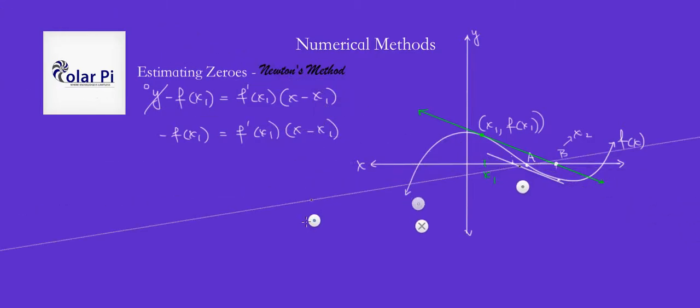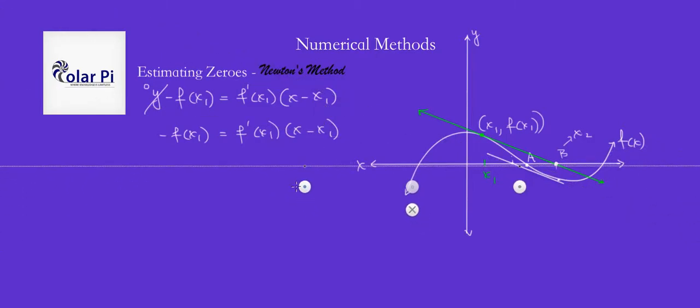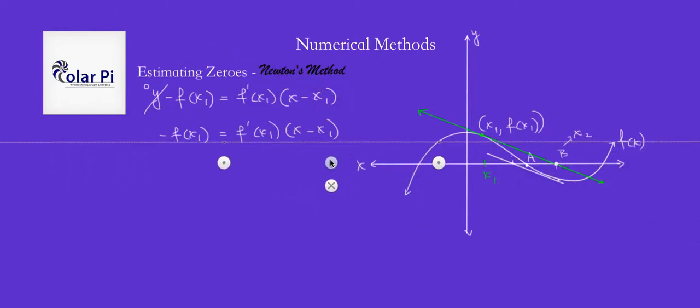Well, it's clear that our first move should be dividing by f prime of x1 on both sides, right? Notice it says negative f of x1, but it doesn't say f prime. I don't want you to think that we have to write a 1 on the left side.